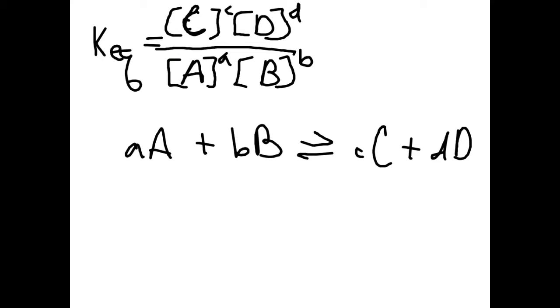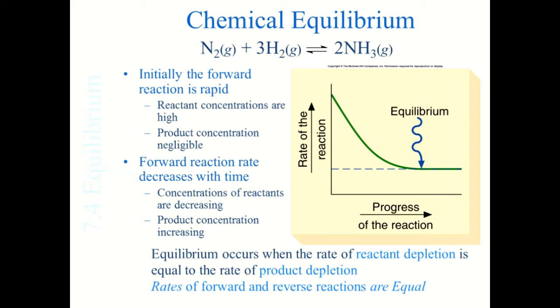Product divided by the reactant. So C raised to its coefficient, D raised to its coefficient, divided by A to its coefficient and B to its coefficient. That's how I get there. That's the equilibrium expression.